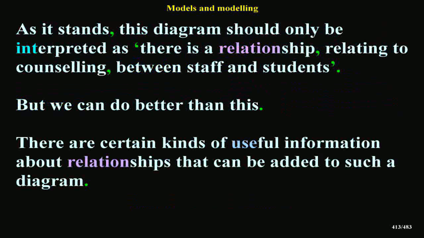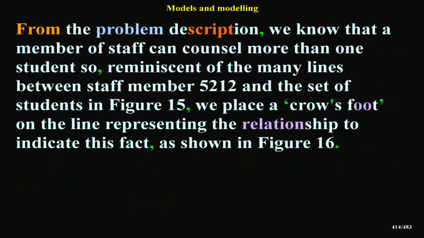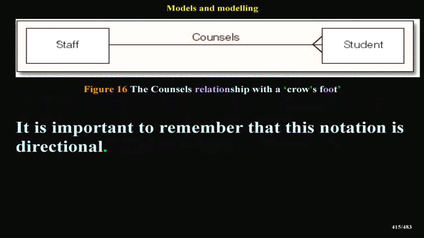There are certain kinds of useful information about relationships that can be added to such a diagram. From the problem description, we know that a member of staff can counsel more than one student, so, reminiscent of the many lines between staff member 5212 and the set of students in Figure 15, we place a crow's foot on the line representing the relationship to indicate this fact, as shown in Figure 16: counsels relationship with a crow's foot.